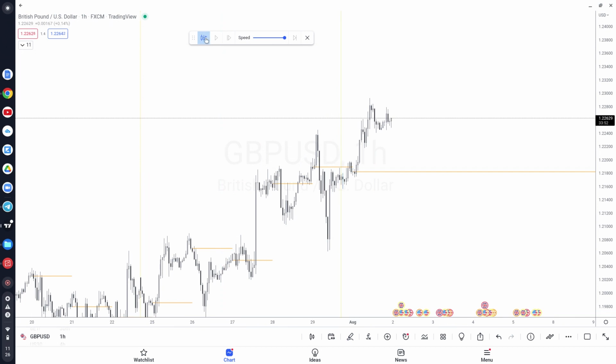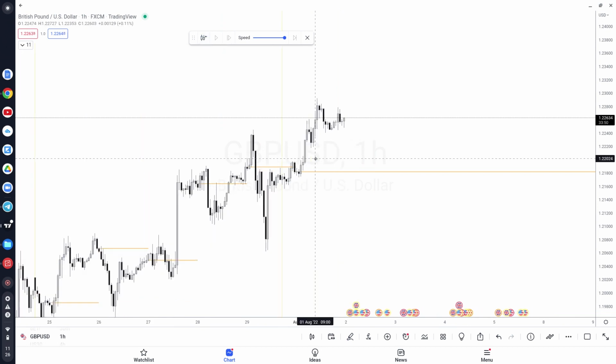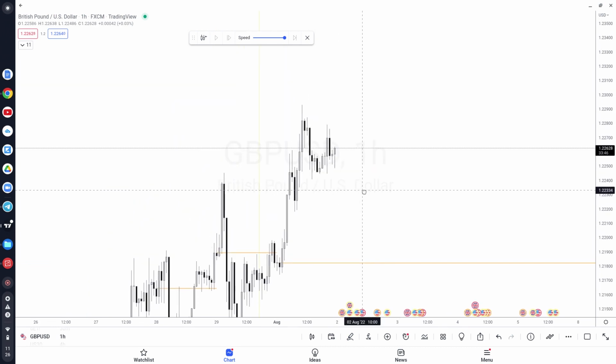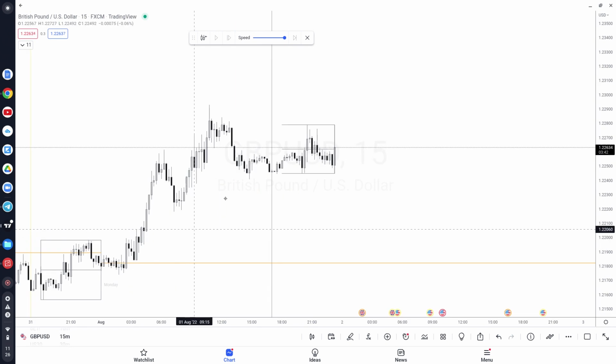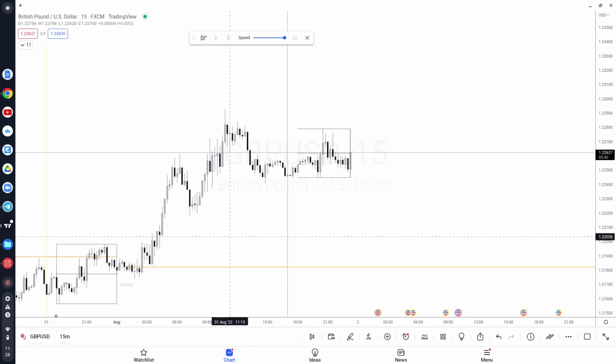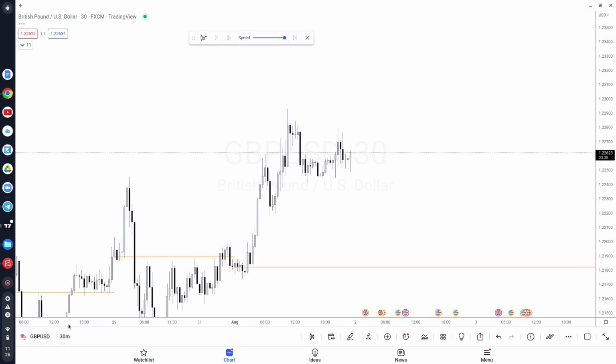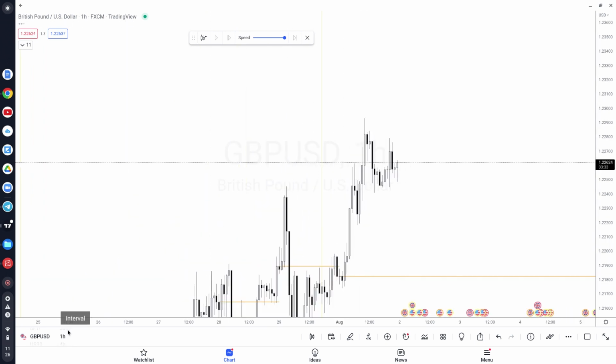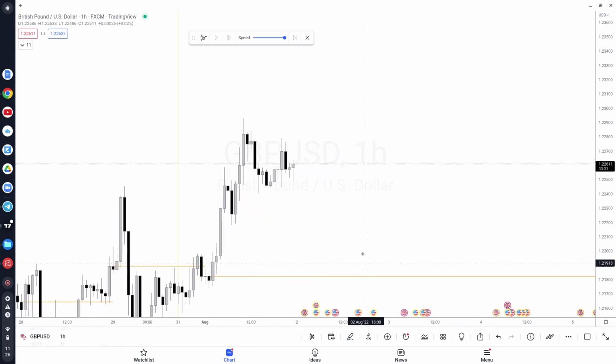Instead of trying to pick tops and bottoms, right? Because doing that will only get us in trouble if we're trying to basically tell the market what we want the market to do, as opposed to just responding to the market and trading with the natural order flow.